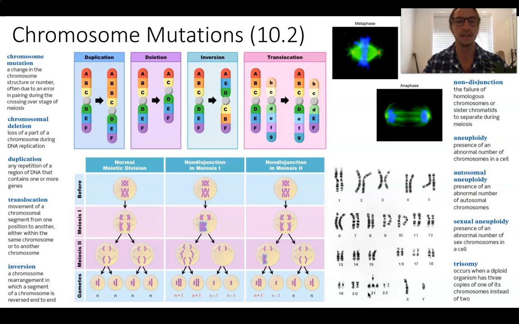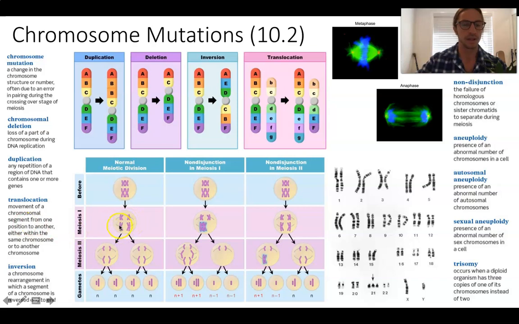So let's look at this diagram now. Non-disjunction, which results in aneuploidy, can occur either during meiosis 1 or meiosis 2 of sex cell division. So in meiosis 1, homologous chromosomes fail to separate.